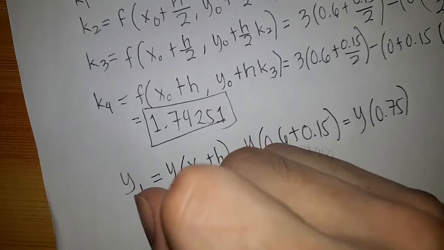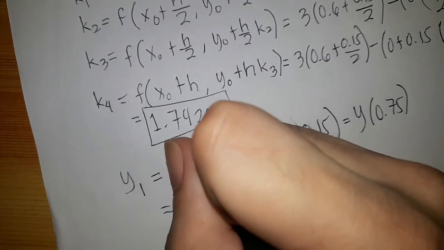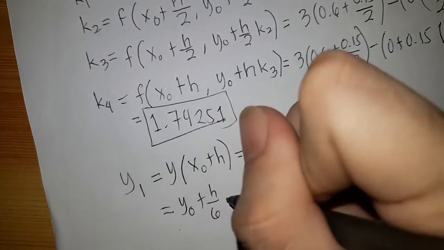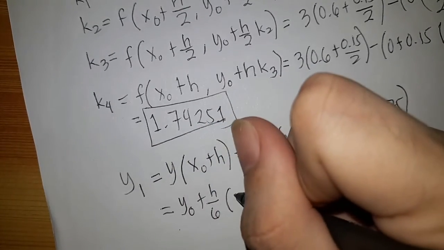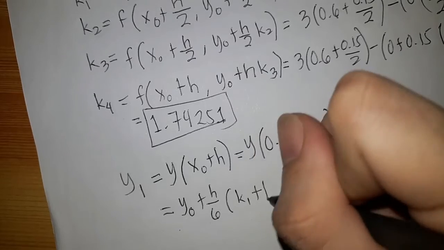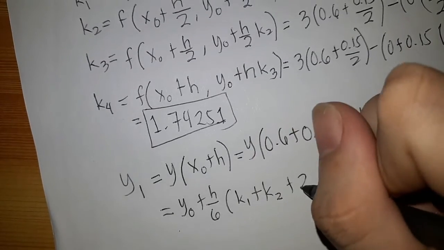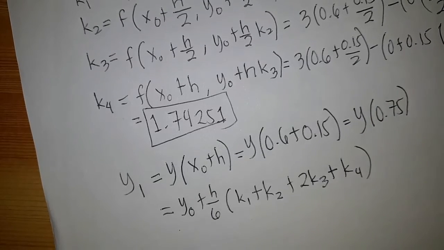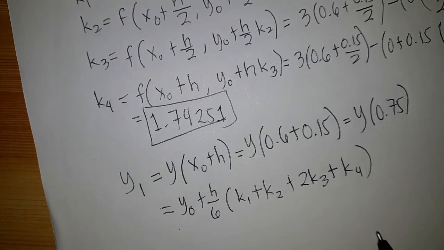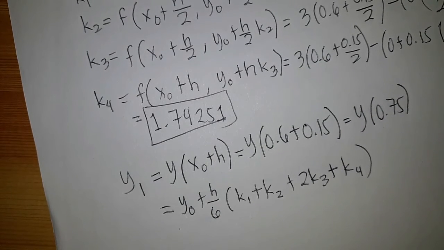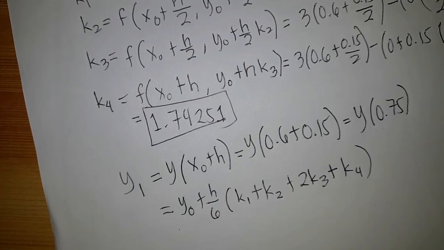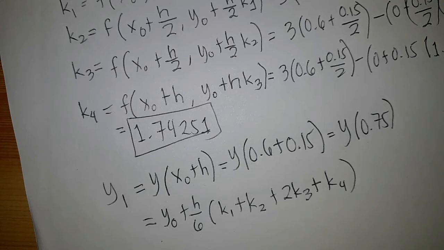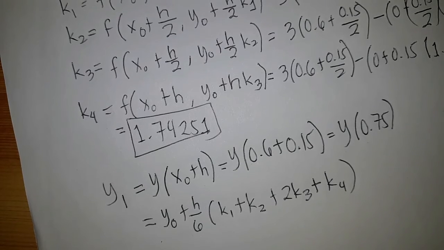This is equal to y sub 0 plus h over 6 times k1 plus 2k2 plus 2k3 plus k4. This formula is based on the Runge-Kutta fourth order method. Let us substitute all of the values that we obtained earlier in this formula.